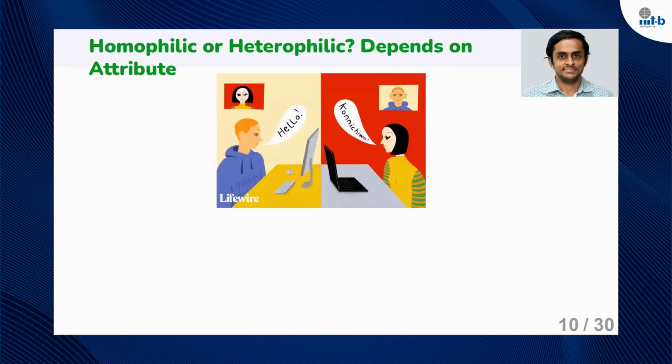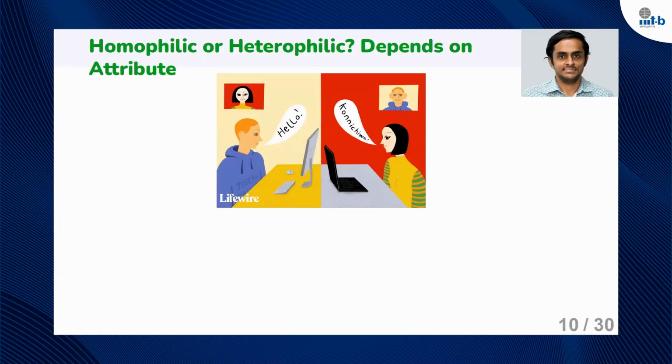Okay, so given an edge, can we decide whether it's homophilic or heterophilic? The answer is no. Just by looking at the edge, it's impossible to determine if it's a homophilic or a heterophilic edge. The key lies in the node attribute that we are looking at.